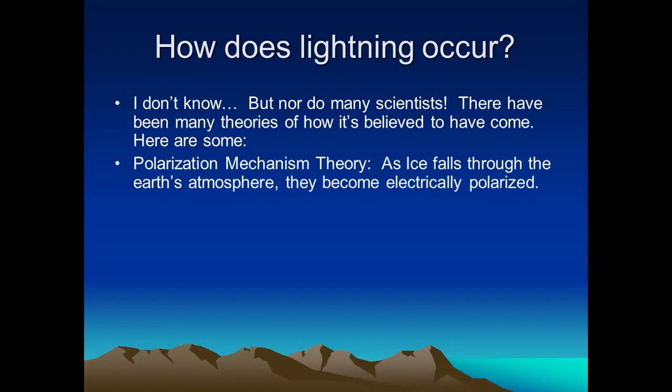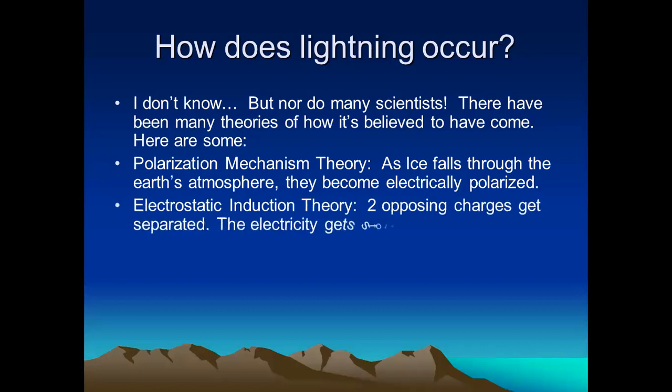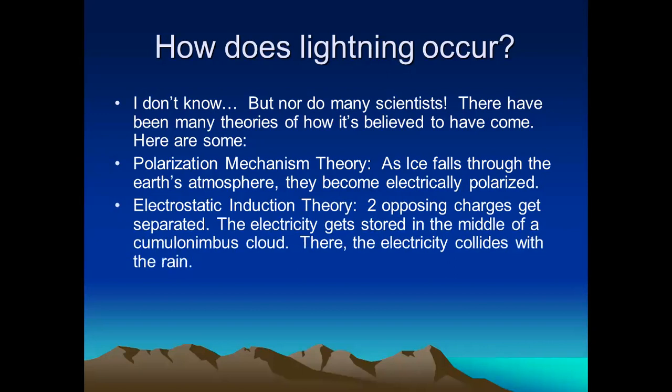The polarization mechanism theory: as ice falls through the Earth's atmosphere, it becomes electrically polarized. So that may be the reason for the discharge. The second reason is the electrostatic induction theory.